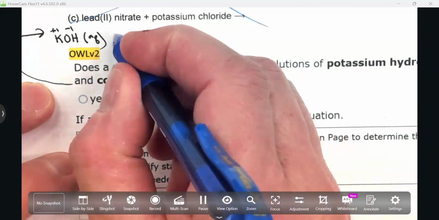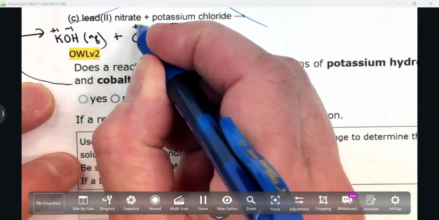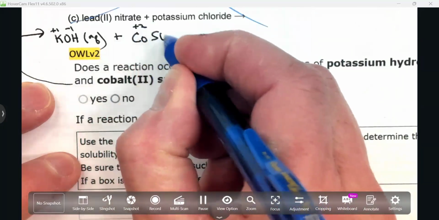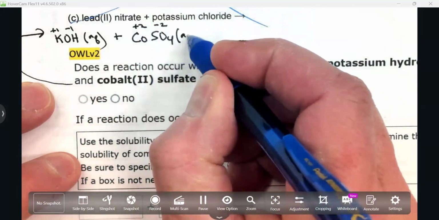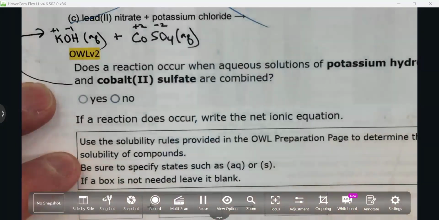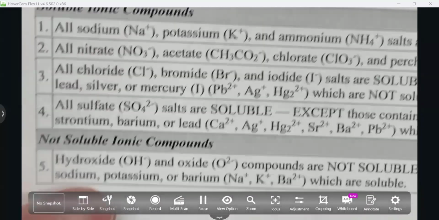Cobalt-2 sulfate should be aqueous. And that's aqueous in number 4.